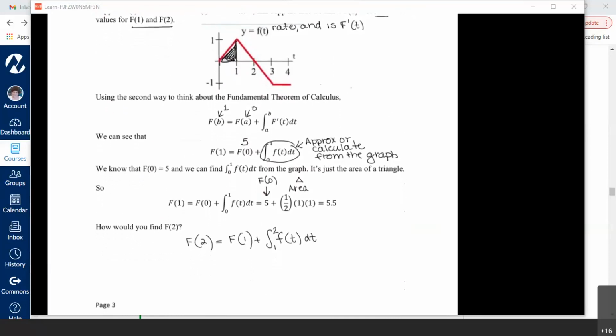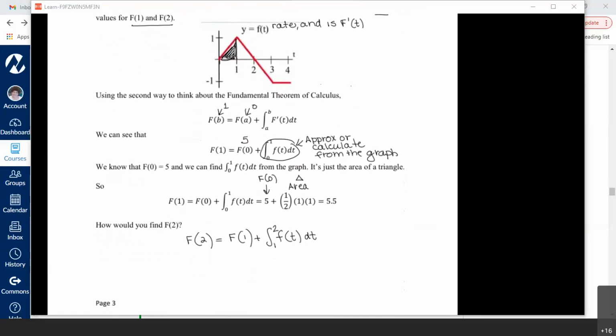Because again, what's this rate function telling us? It's telling us about the net change in our total function. It's a rate. So that's what it's telling. All right, so starting point plus net change.